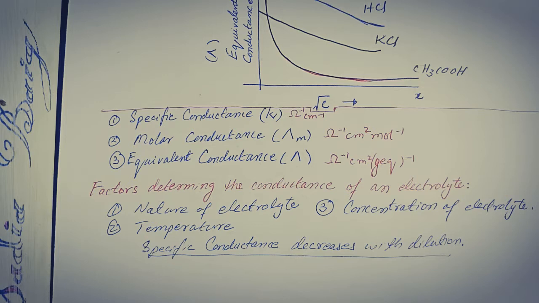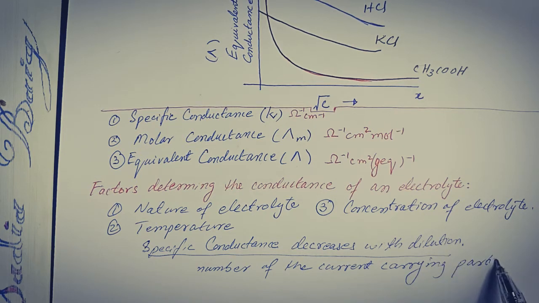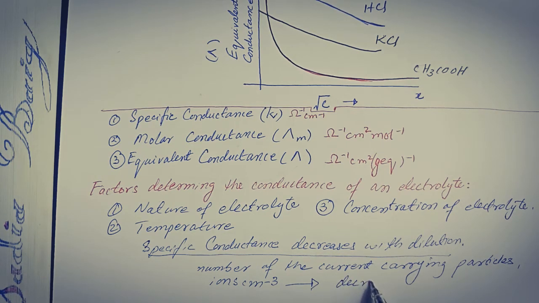The reason is that the number of current carrying particles, like the ionic species, per centimeter cube are decreasing, so ions per centimeter cube of solution become less at low concentration due to the dilution.